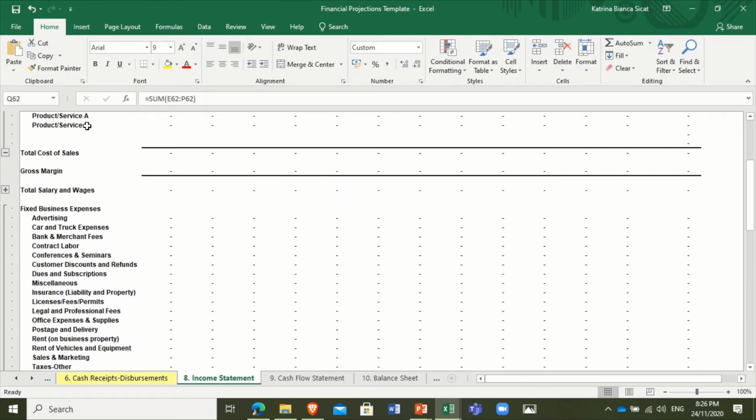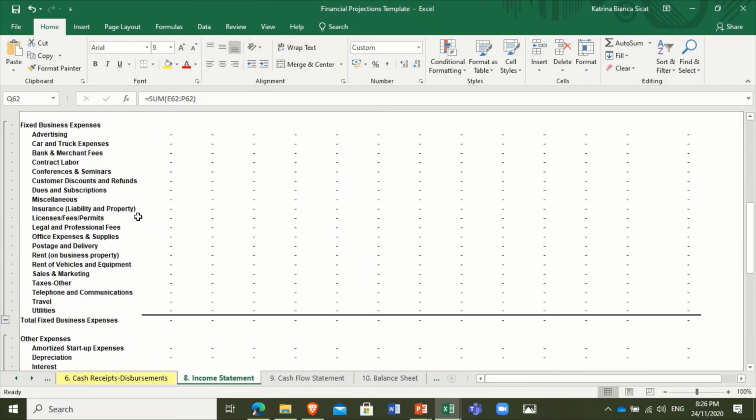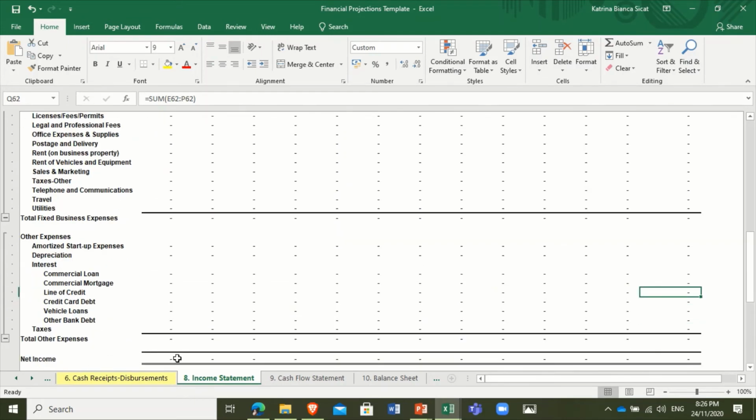From your income, it just deducts the expenses, and that's it. You get the net income.